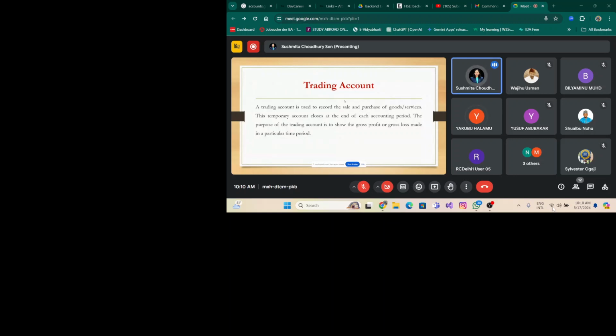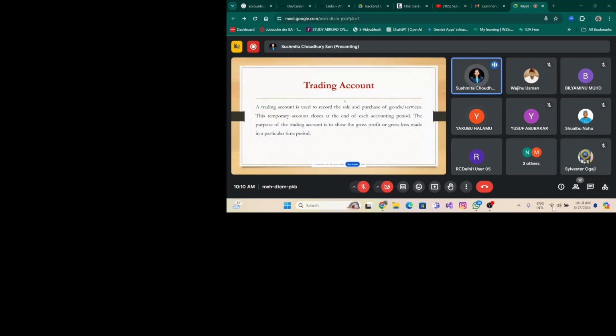Here, direct means all the transactions related to the business without which the business will not be continued. Those expenditure and income we will put under trading account.